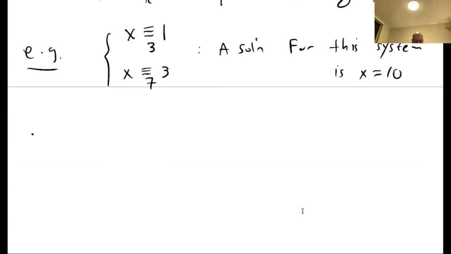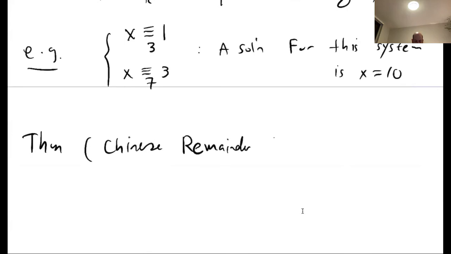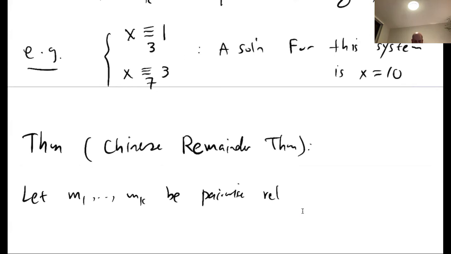So, theorem, Chinese remainder theorem. Let M1 to MK be pairwise relatively prime numbers.